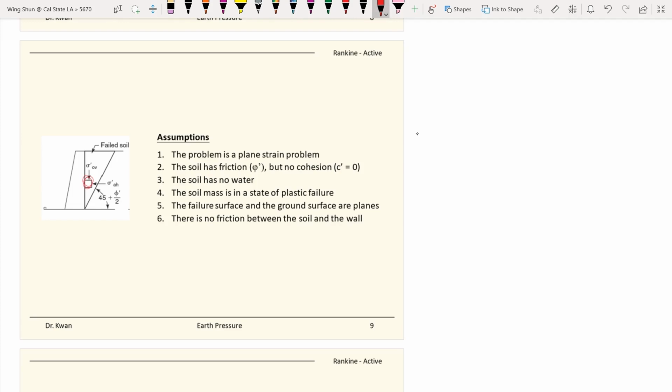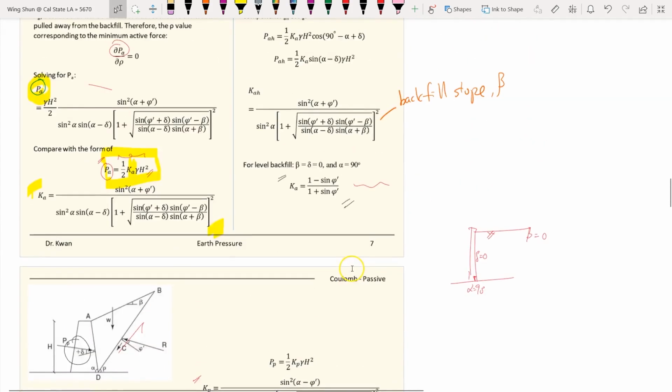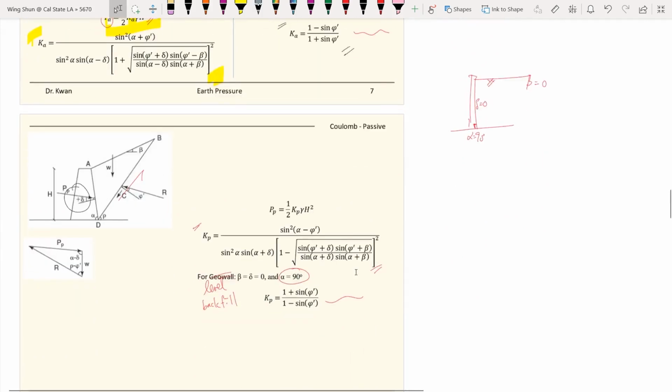Another main difference between the Rankine and Coulomb methods is that the Rankine method has a predefined failure surface, which is 45 degrees plus phi over 2. Remember, when we talked about Coulomb, the failure surface is something you need to search for through differentiation.